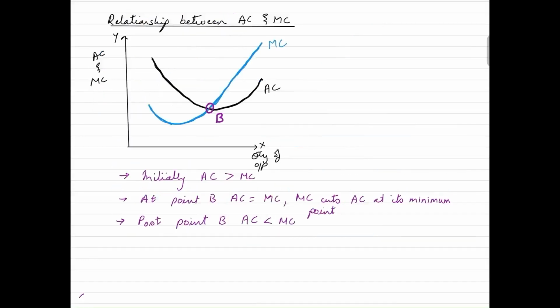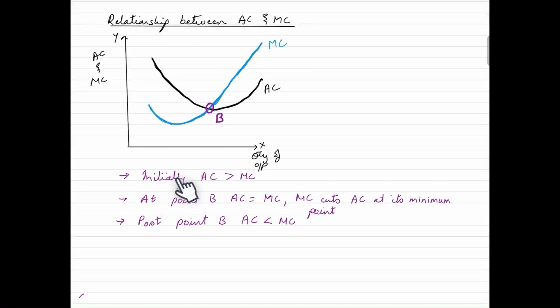So when we talk about the relationship between the AC and MC curve, this is how it would be depicted. So we have this blue curve, which is the marginal cost curve. The black curve is the AC curve or the average cost curve. We have both the costs listed on the y-axis, quantity of output on the x-axis.